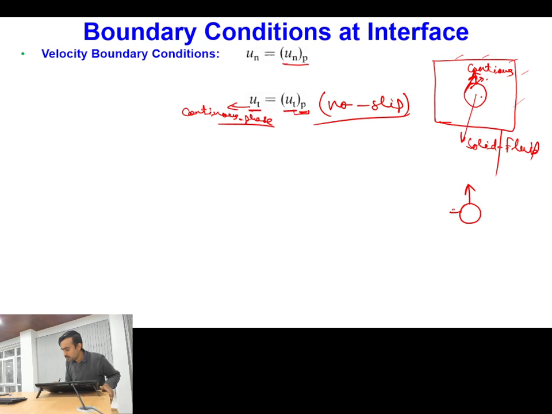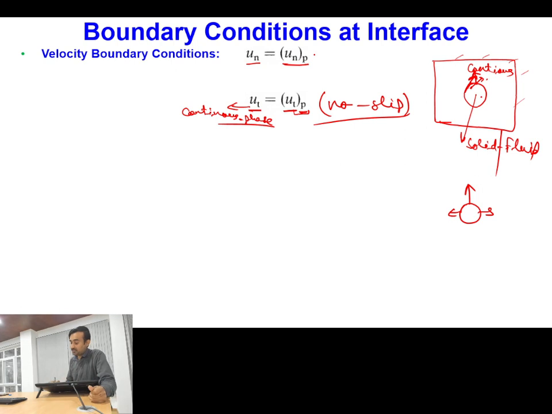So normal to the interface, whenever a solid particle is rising, whatever the immediate fluid layer is there will also be carried forward with the same velocity, because of the adhesion. So that's why I am saying that the normal velocity is equal to the normal velocity of the particle.